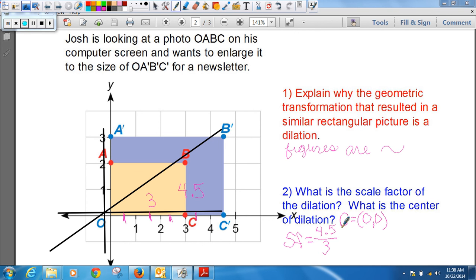If you change 4.5 over 3, that would be the same as 3 over 2. I probably would have been better off if I would have used the other sides, because this side going up is 2, the other side is 3, and that would automatically give me 3 over 2, and I wouldn't have had to guess at this being 4.5.